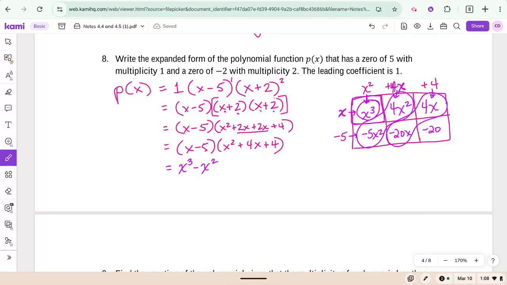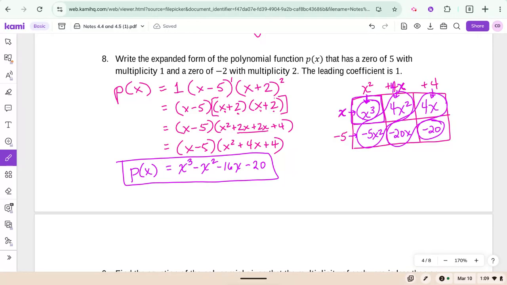Minus 20x and plus 4x is minus 16x. And then finally, minus 20. And that's my simplified polynomial, in expanded form, or you might say in standard form.